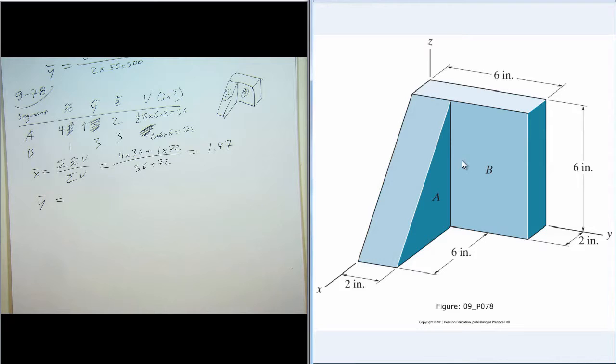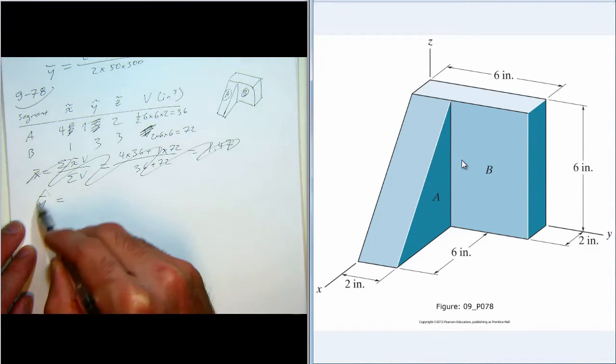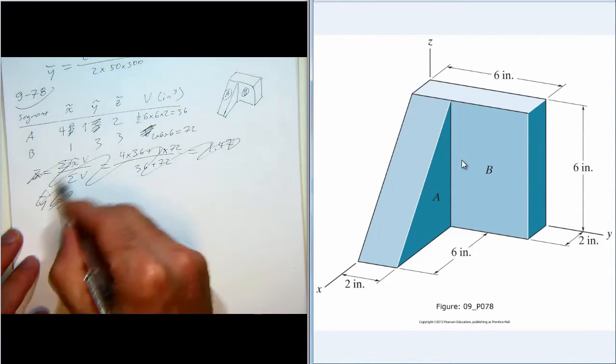I might have, and I hope not, acted too quickly here, because, okay, sorry for the mistake, we're finding in this problem the location of the center of gravity, because this is an example where the parts of the composite body are made up of different materials. So part B is denser than part A. So not only is it larger, but it's denser also.